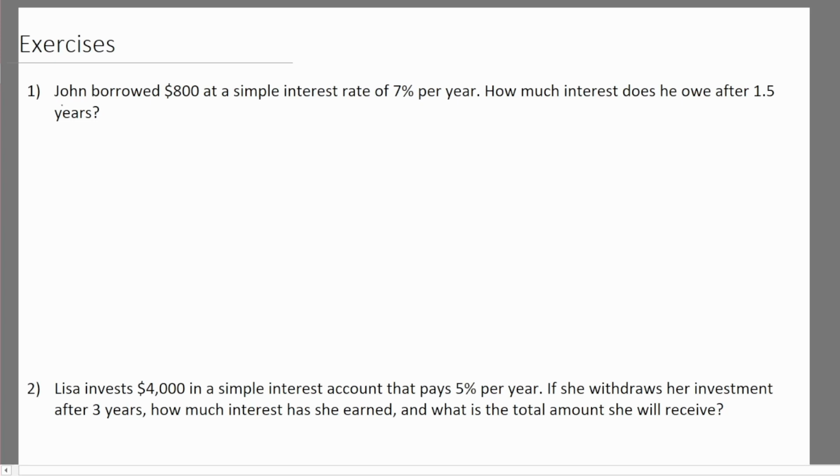So let's see here. Jean borrowed $800 at a simple interest rate of 7% per year. How much interest does he owe after 1.5 years? So this is P. R is equal to 7. And how much interest does he owe after 1.5 years? This is T. And we're being asked for the interest. So I is unknown.